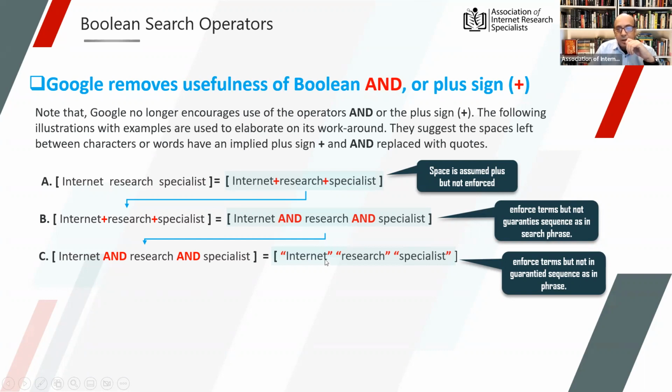So this one and this one are the same thing. As I explained, internet research specialist, they should be there, but not in the same sequence. Here, all three words have to be there, but not necessarily in the same sequence. So therefore, where C is showing this part with AND, it is the same as this one.